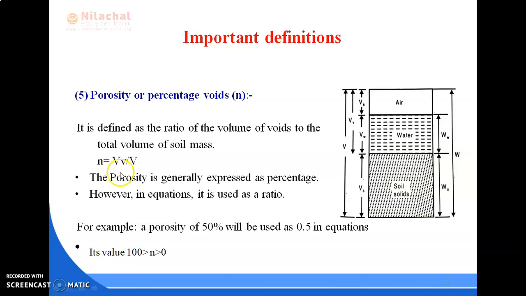So n equals Vv by V into 100. For example, a porosity of 50% will be used as 0.5 in equations, and its value is always greater than 0 and less than 100. So its value range is within 0 to 100.